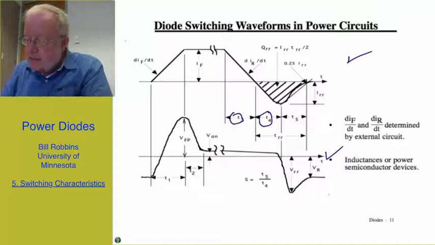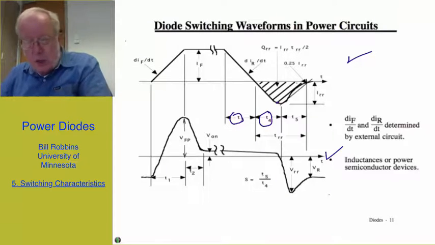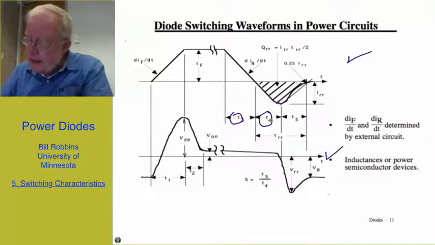That maximum negative value is the so-called reverse recovery current, I sub RR. And then from the peak negative value down to some value, either 25% of the peak negative current or 10%, whatever seems reasonable to you, takes a time t5.